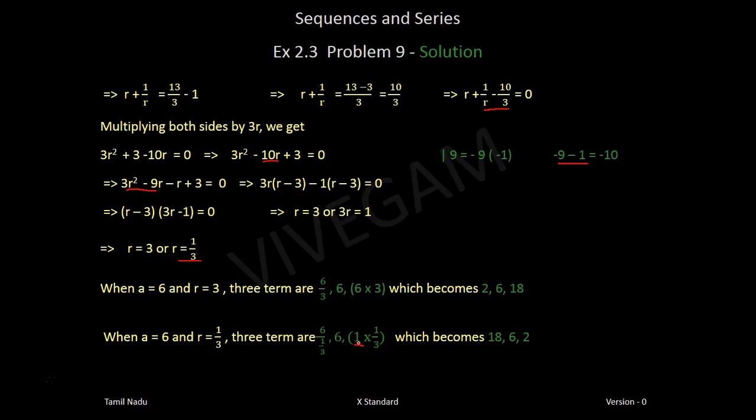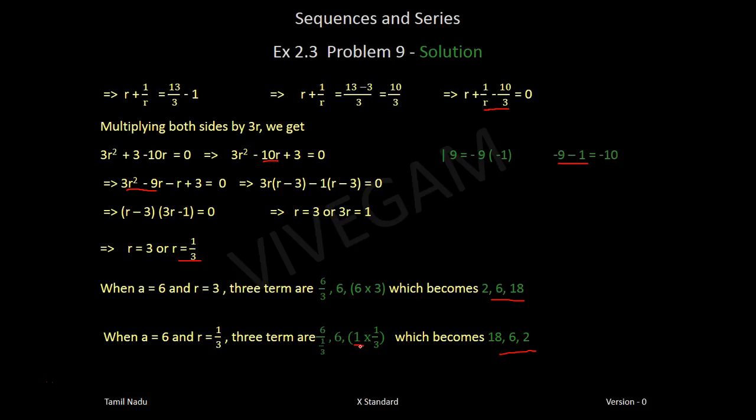So that is 6 into r, so 1 by 3, correct? So what will happen? 6 divided by 1 by 3 is, this will invert, so it will become 6 3s are 18, and 6 will come here, and this is actually 6, right? So 3 will go there 2 times, so you will get 2. Okay, so it is 2, 6, 18 or 18, 6, 2.